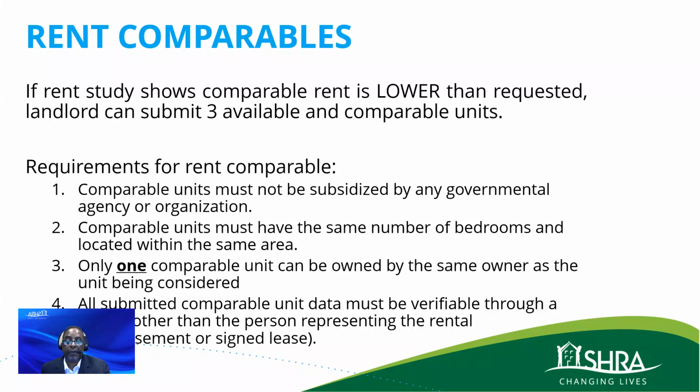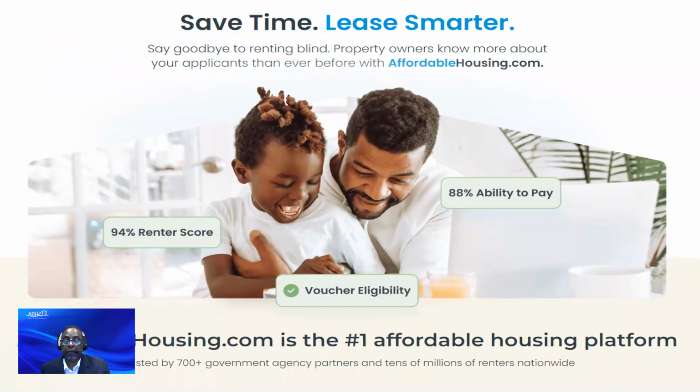Only one comparable unit can be owned by the same owner. All data is verifiable through a source other than the same person representing the rental. And the form is located on our website, again, which is www.shra.org.